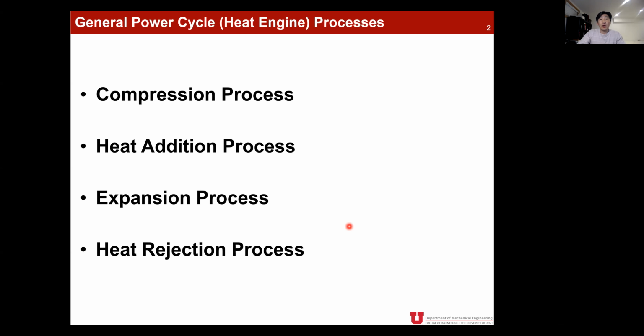So the following process should be the expansion process. Then the remaining heat after the expansion process should be rejected. That is the 4th process, which is the heat rejection process. I really would like you to keep those 4 processes in your mind, because all cycles that we are going to talk about in terms of power cycles must have those 4 processes. The details of each process may be different, but you should be able to see those 4 processes in common.